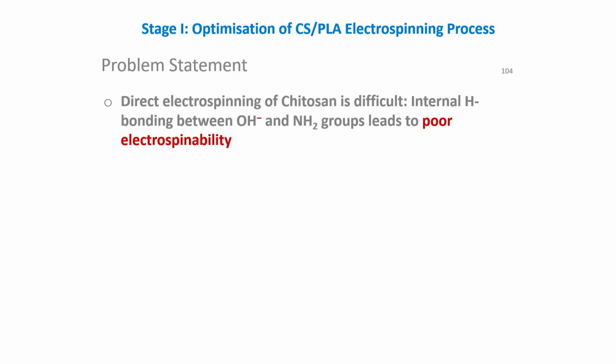Now, here the problem statement is that direct electrospinning of chitosan is difficult due to the internal H bonding between OH and NH2 groups. That actually results in poor spinnability. So, 100% chitosan is not possible for electrospinning.